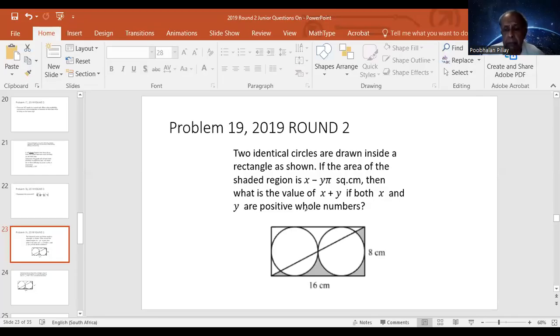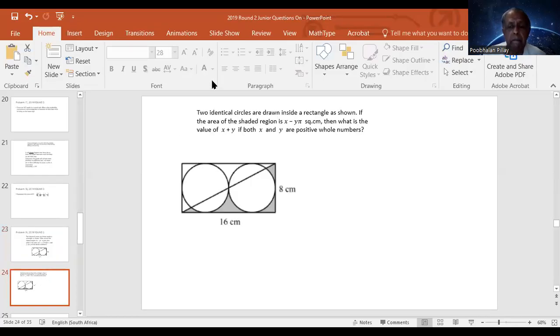Okay, so let's just put this into a bigger picture like this. And we know that the area of the shaded region is x minus pi y. That we know. x minus y pi, that's the area of the shaded region.